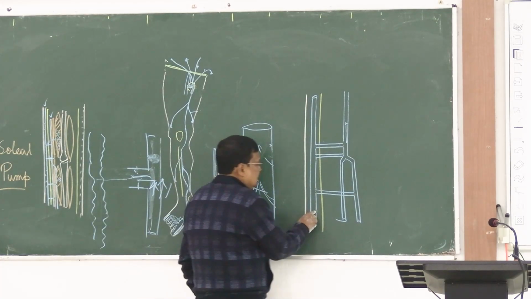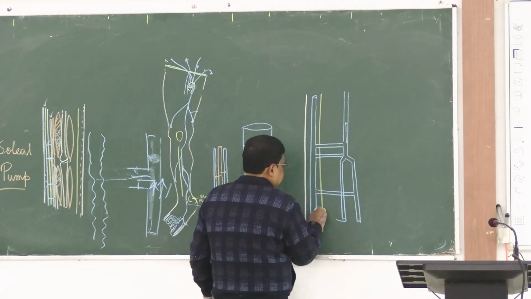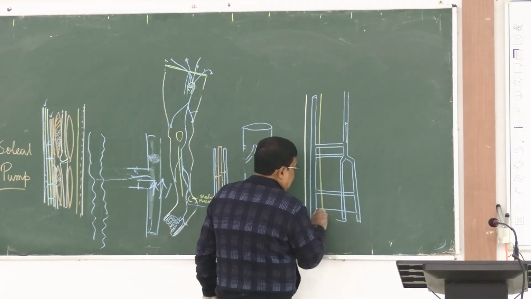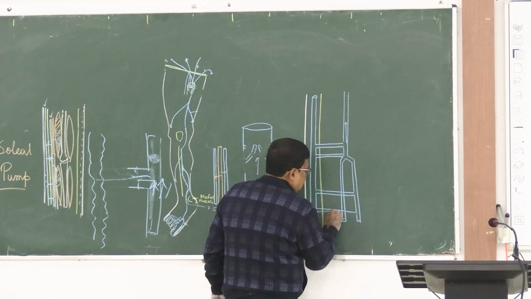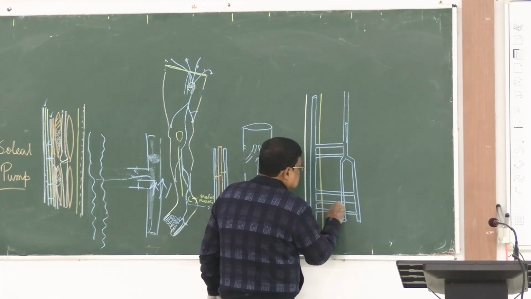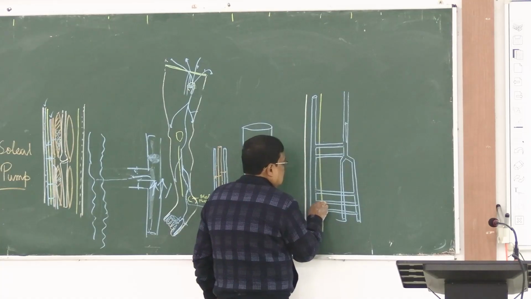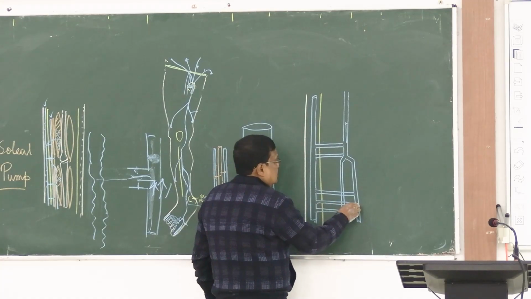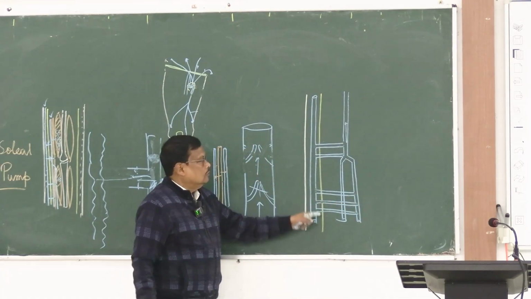One is at the level of the medial malleolus. Another is in between the two.